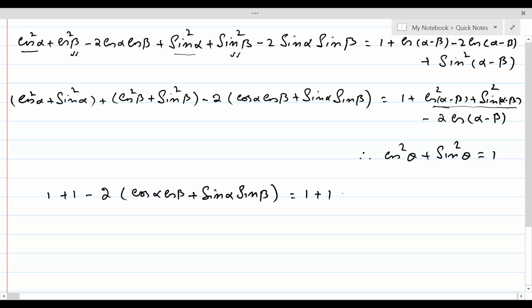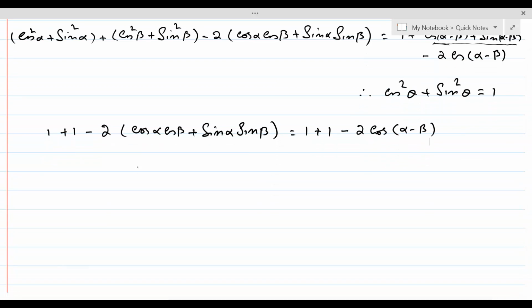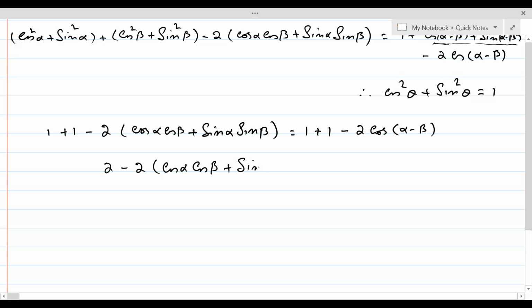So 1 plus 1 minus 2 cos of alpha minus beta, and this gives us 2 minus 2 times cos alpha cos beta plus sine alpha sine beta equal to 2 minus 2 cos of alpha minus beta.